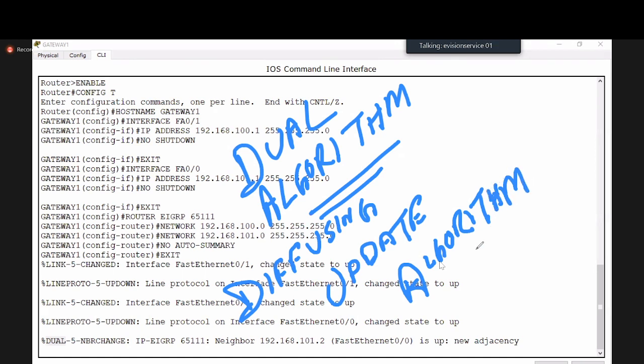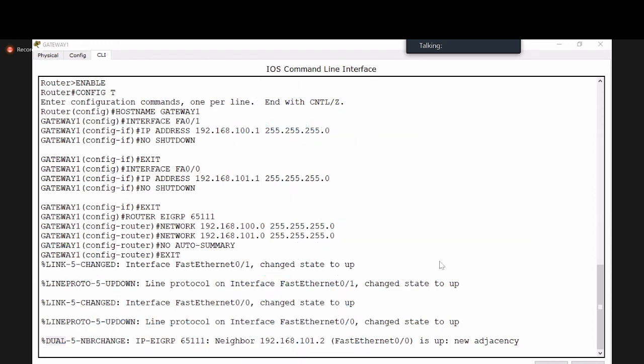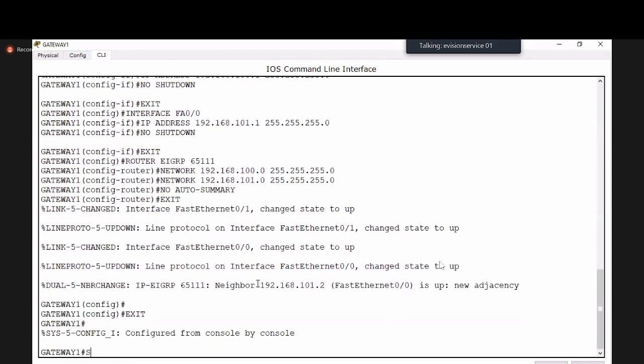This algorithm is used by EIGRP to figure out the best route and to form neighbor relationships. All these things are coming from this tool. NBR means neighbor change. Earlier there was no neighbor with gateway 1. Right now we have a neighbor, that is router 1. So that is a change in neighbor relationship. So remember the name of the algorithm. From the interview perspective, these are very important. Now we are going to check the routing table, show ip route.